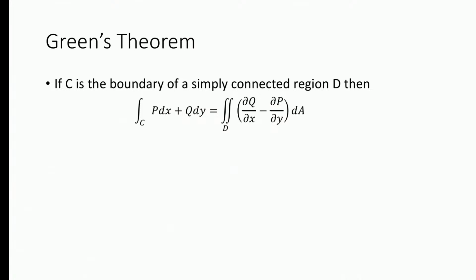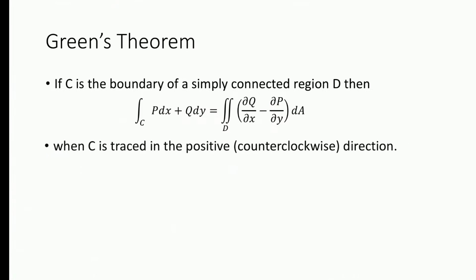There are some extra restrictions, and it's possible to deal with some of these issues. In the future, we can correct for some other things. You might say we're still being pretty restrictive, but if your curve happens to be the boundary of a simply connected region, then this is Green's theorem here. And we have to be very specific that C is traced around in the positive, counterclockwise direction. You know how mathematicians are.